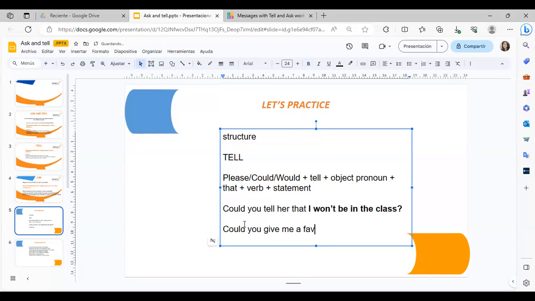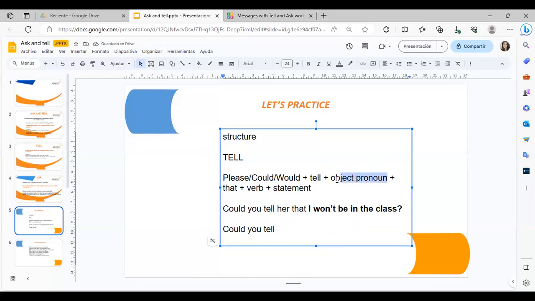Following the structure that we have in here, the next thing that we're going to have after "you" is what? Okay, "tell", right? So, could you tell, and then we're going to have what?